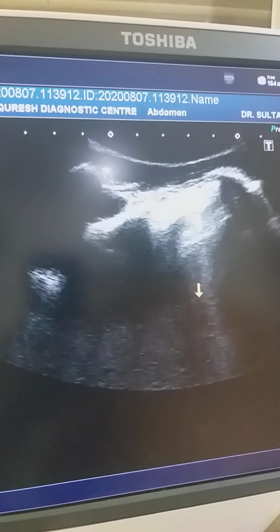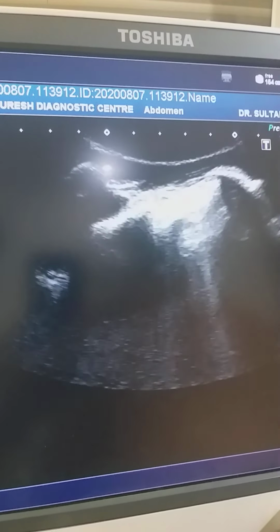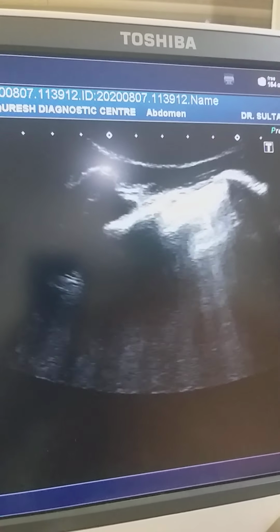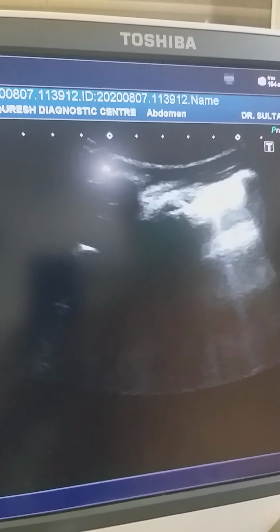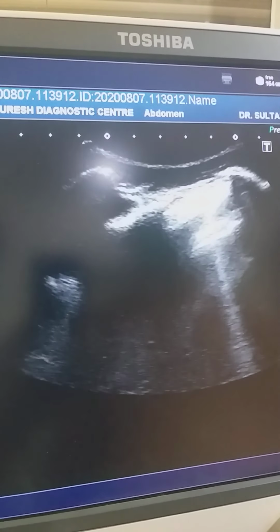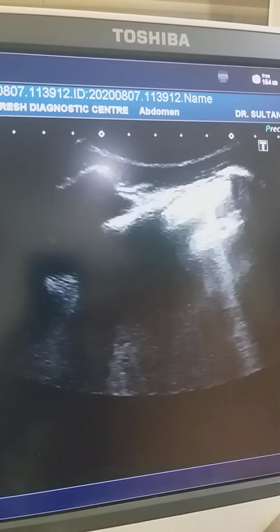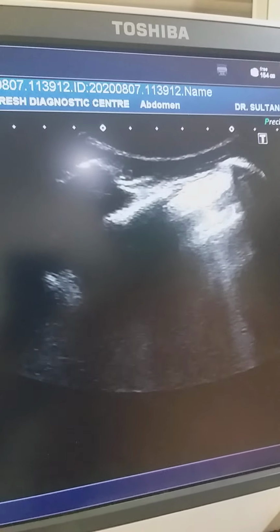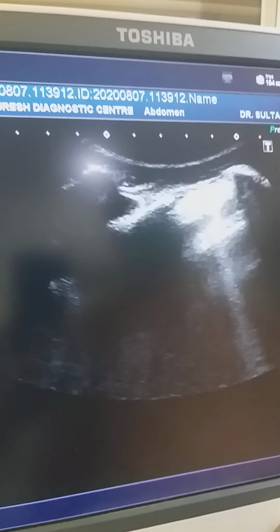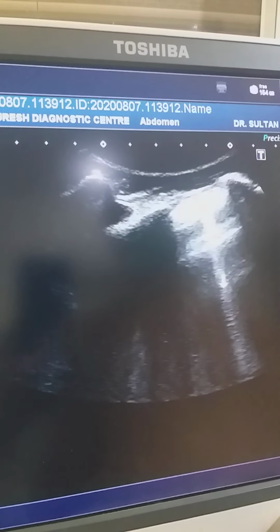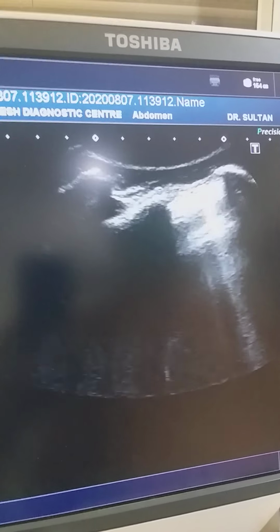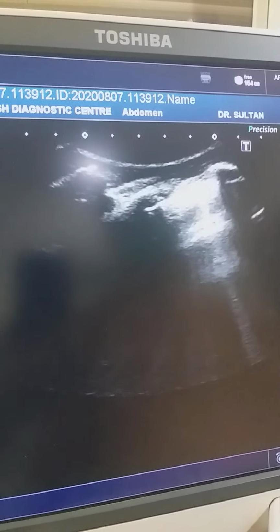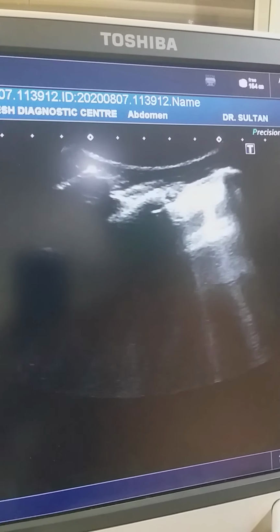If this doesn't meet the criteria, we don't call them B lines. And if you closely observe, beside this B line, this is the white line, which is at regular interval from the pleural line. These are called A lines.